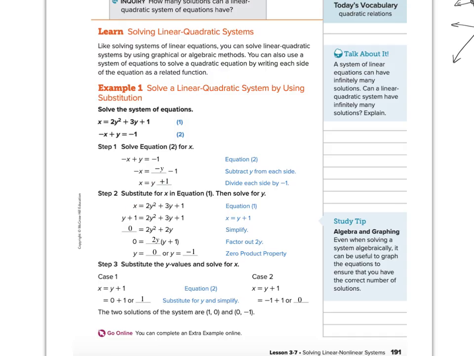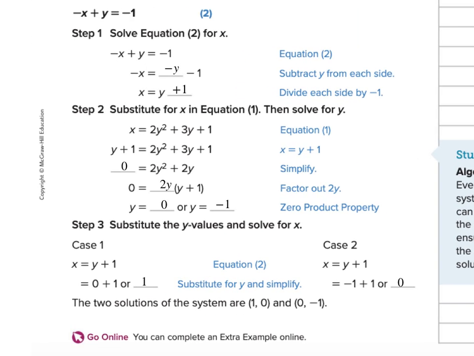Then doing inverse operations, they subtracted y and subtracted 1 from both sides, and came up with 2y squared plus 2y is equal to 0.